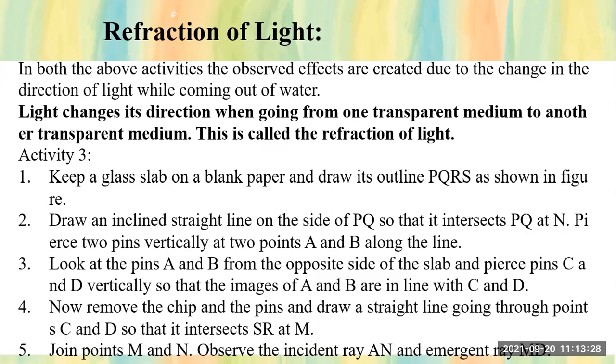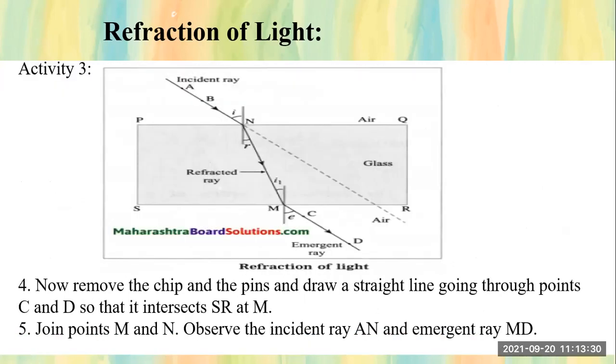I'll make you wait. Now see, students, first we have put 2 pins at the positions A and B. Now, what is the opposite side, students? SR. Now the glass slab is placed as it is.